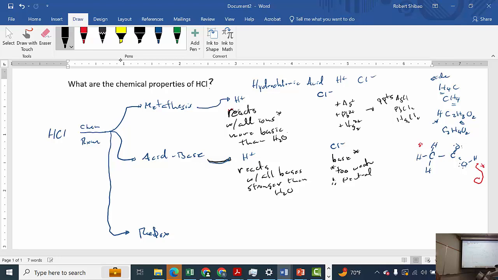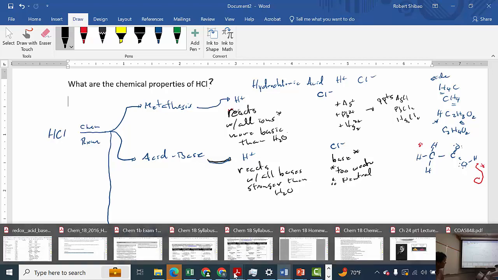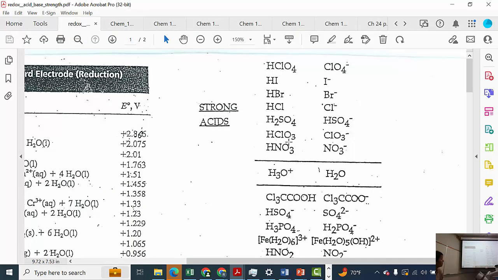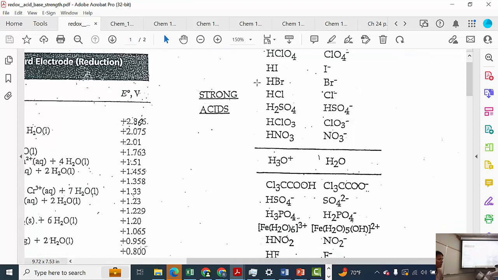Would it be correct to say that chloride would react with all acids stronger than H2O outside of water? In the gas phase. If we go back to this chart, how do we rank these if we have a leveling effect? The leveling effect says all these are equivalent. So how do they tell? Well, one way they could tell is how easy is it to pluck the hydrogen off.